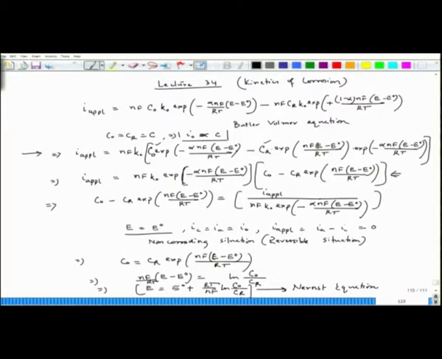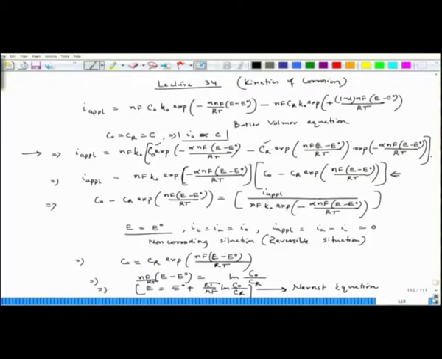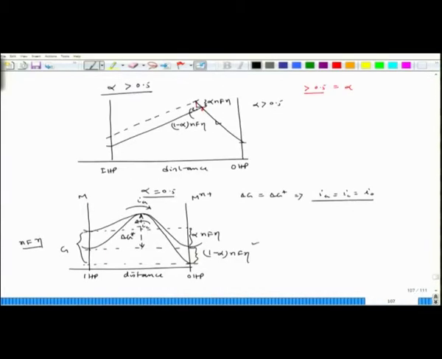Now, since the concentration and this particular equation in a simplified mode can be found out if we look at this diagram.